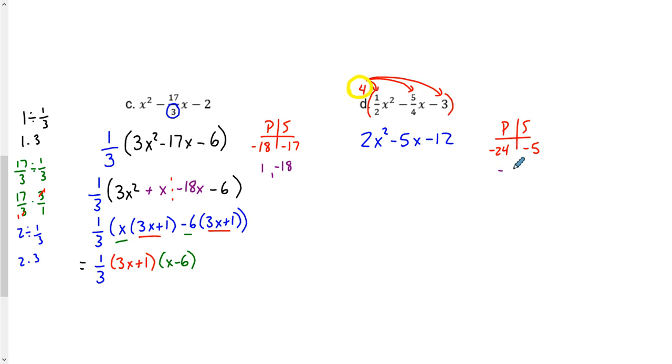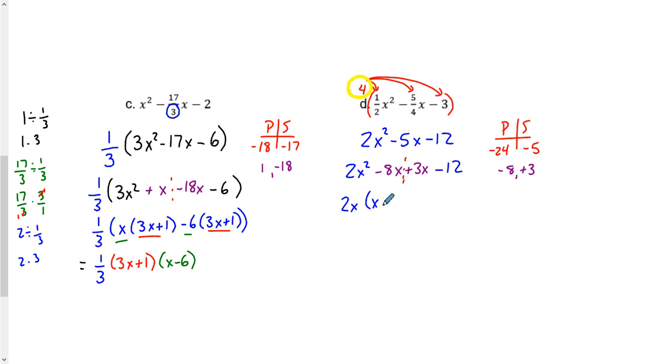The two numbers that work for that should be a -8 and a +3. So let's do that. Let's do a -8x and a +3x, put a bar down the middle, and factor what we can.